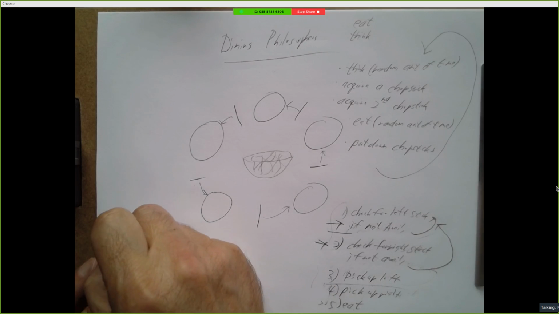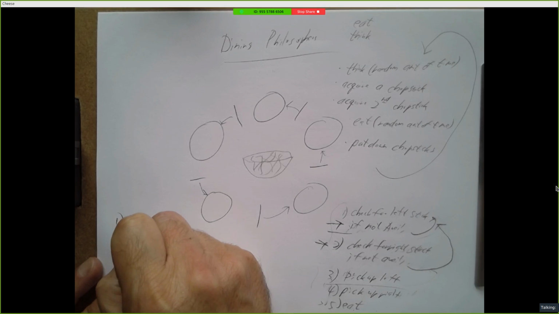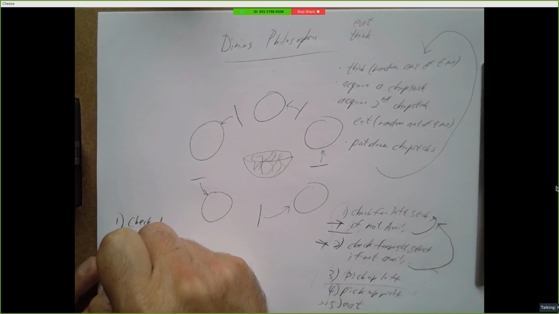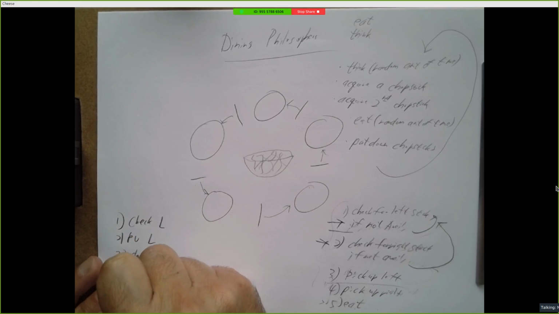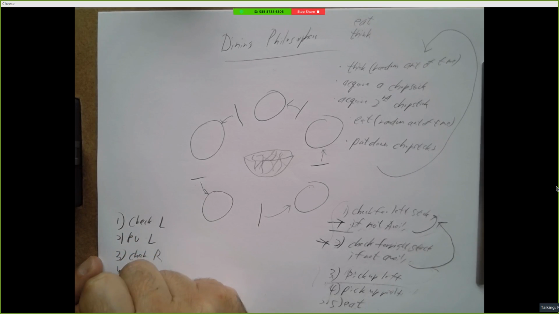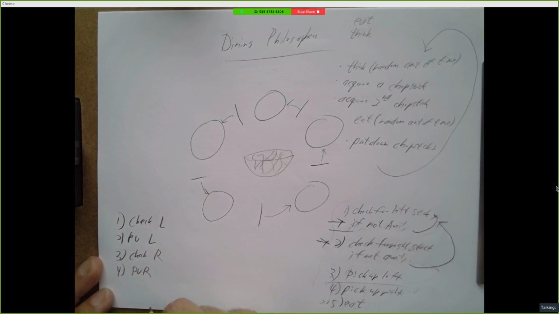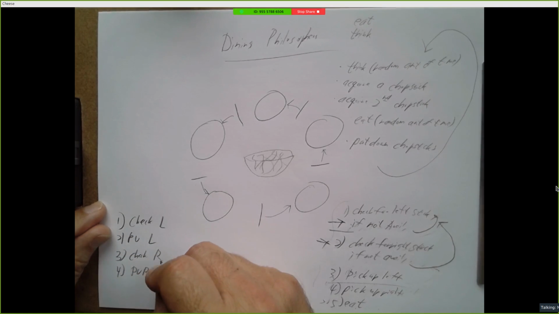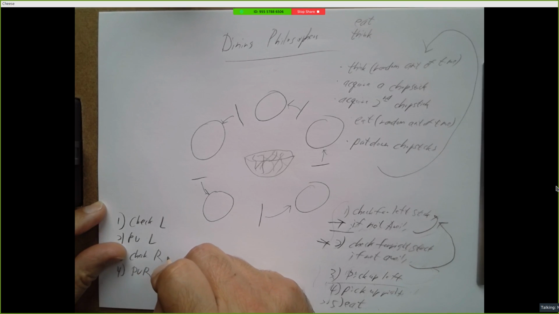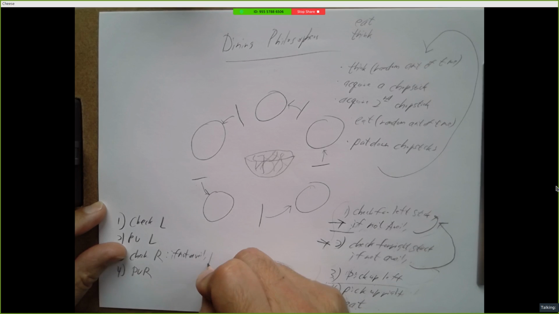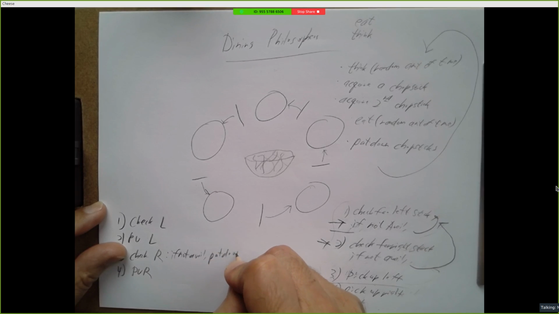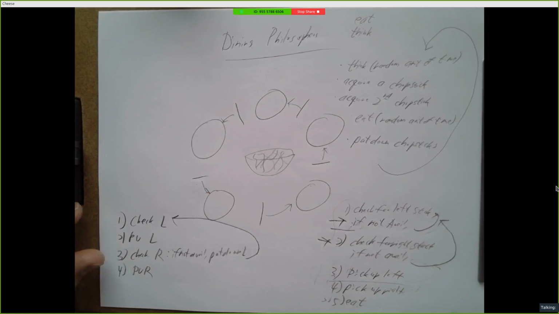And so we could say, you know, check the left, pick up the left, check the right, pick up the right. And we could say that if the right is not available, put down the left and go back up here.